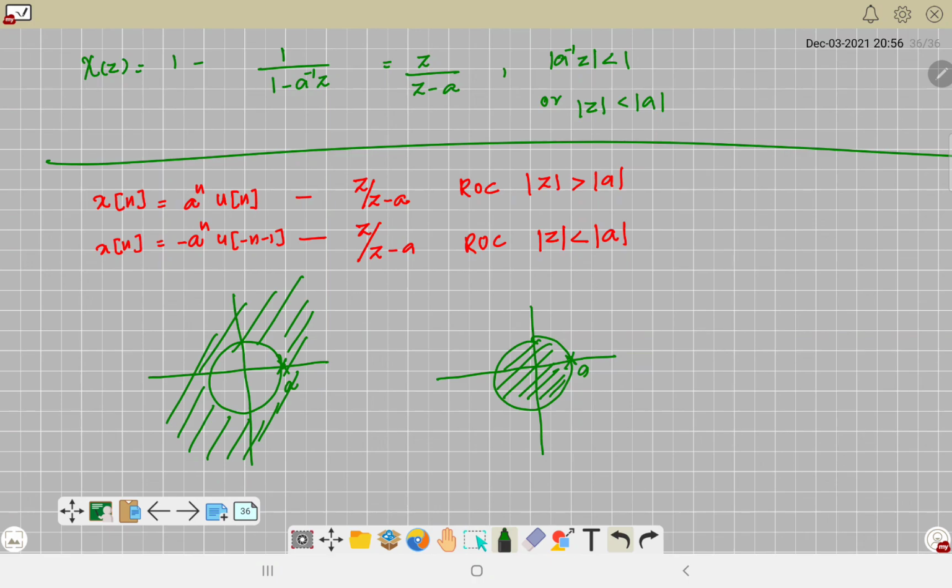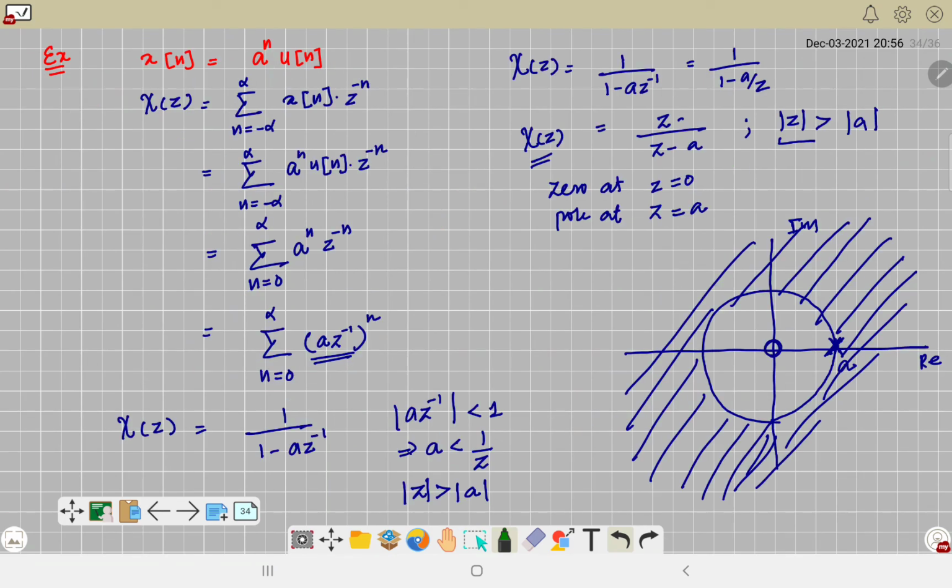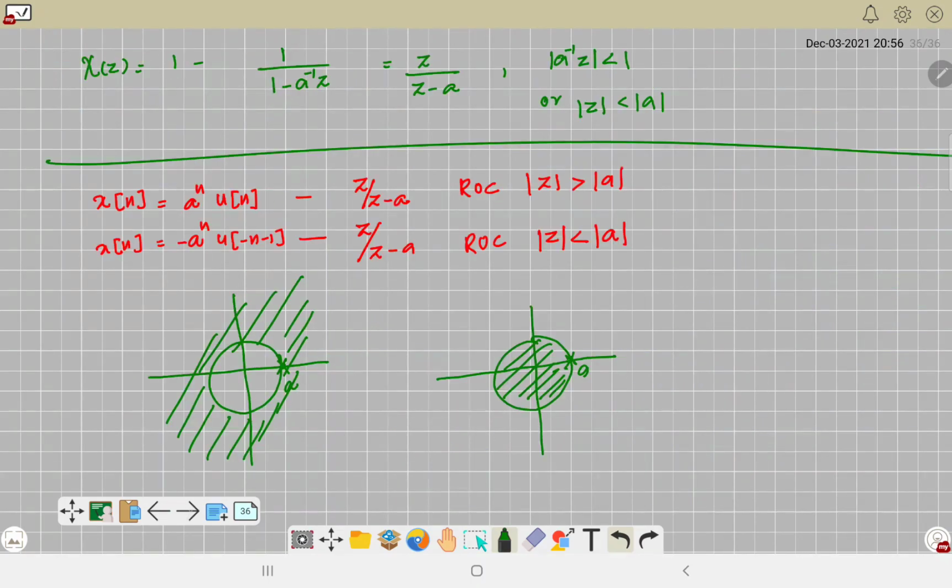So this was a brief introduction to the Z transform. Just like the Laplace transform, it will have an algebraic expression given by this equation, and then it will have some region of convergence, that is, the values of z where this Z transform is finite.